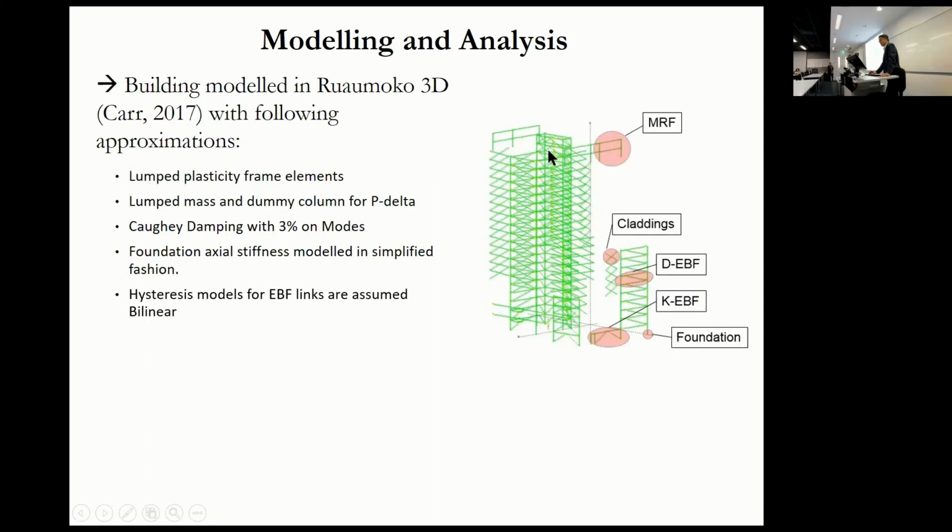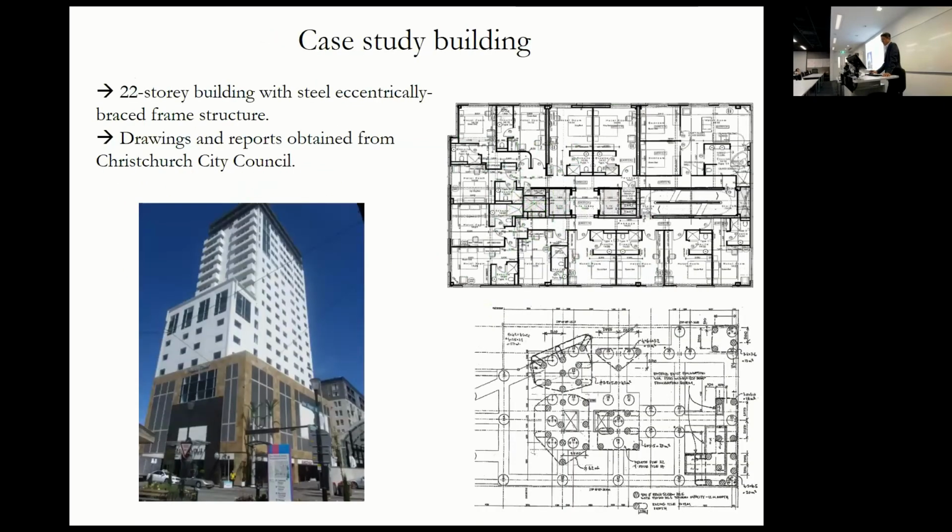There were a few MRF frames just in the upper 2 stories, but generally the lateral load resisting system is the steel eccentrically braced frame. We had to make assumptions about a few things. For example, damping, we put 3% damping. We estimated foundation axial stiffness. If you look at the foundation plan again, we're recalling it's a pile foundation. In EBF systems, the axial stiffness can be quite significant in providing a rigid body type rotation.